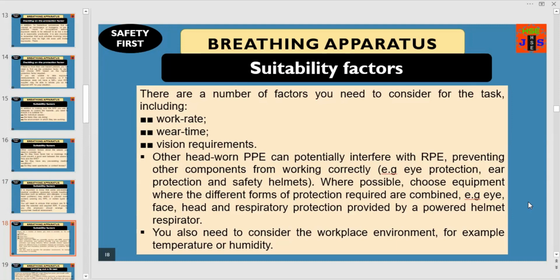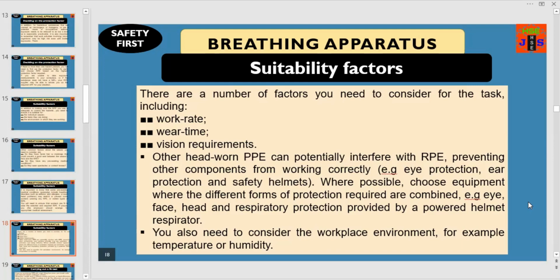Where possible, choose equipment where the different forms of protection required are combined, for example, eye, face, head, and respiratory protection provided by a powered helmet respirator.